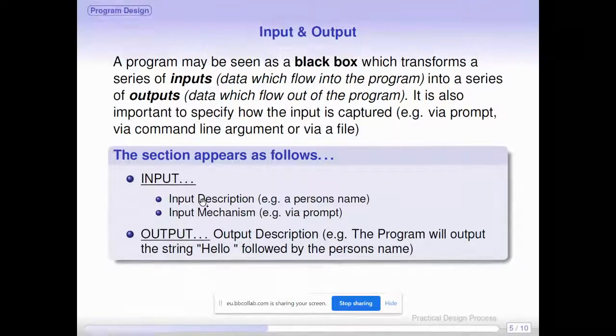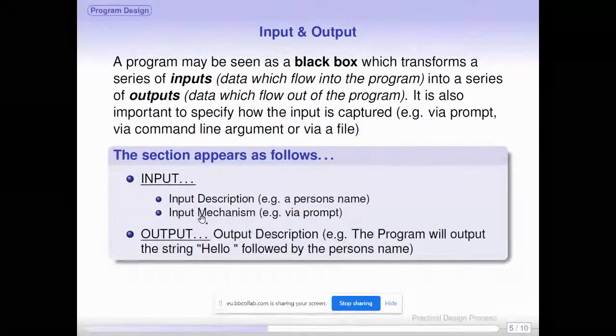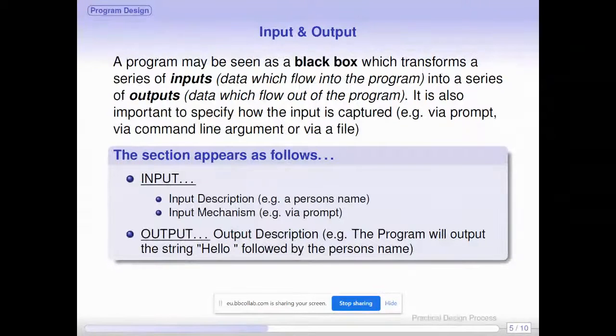In order to do that for your program, you need to specify what the inputs are, so give descriptions of what it is and how we're getting it, or the output in that case, what it is and how we're displaying it. For now, the only kind of data input and output that you have is data that comes from the keyboard as input and data that goes to the terminal screen as output.